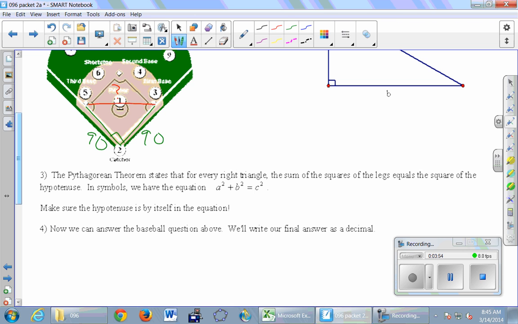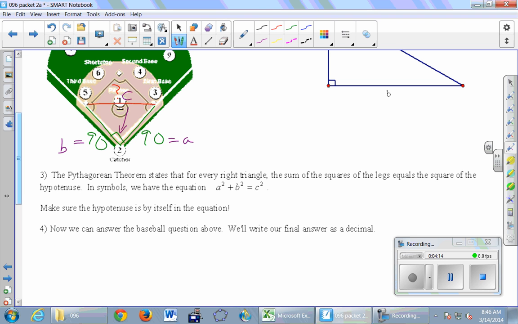So let's give this a shot. We'll go to the baseball question and we'll say that this one right here could be A. This one over here is B. It's totally okay to change the letters on those ones, but this guy right here is definitely C. And we need to make sure that C is the one that's opposite that 90-degree angle.